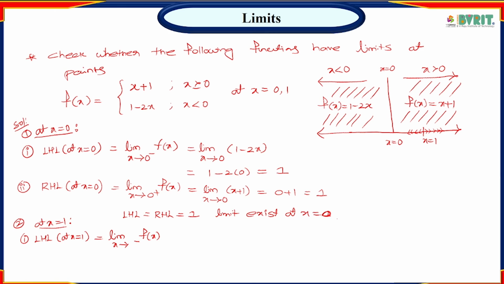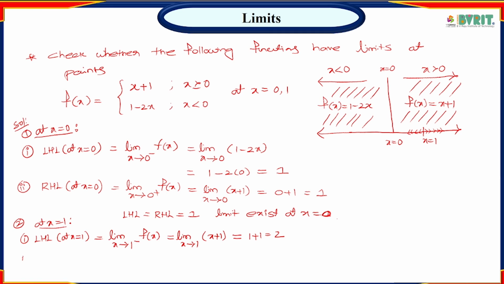Now limit x tends to 1 minus f of x is equal to limit x tends to 1 of x plus 1. Substitute x value 1, that is 1 plus 1 is equal to 2.